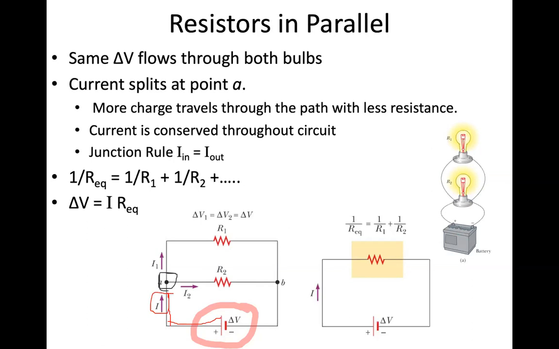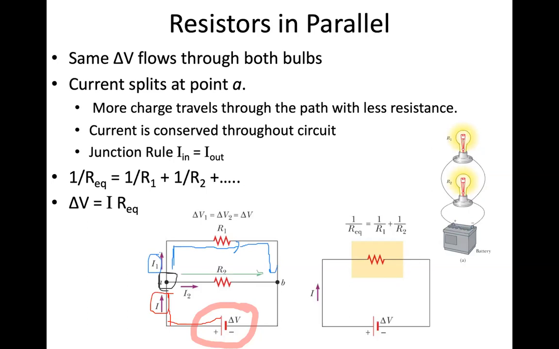This junction is a split. That current I, some of it is going to flow through resistor 1. Some of it is going to keep flowing through resistor 1. So now I call it I1. Through resistor 1, back over here. And some of it is going to flow through resistor 2, this way.